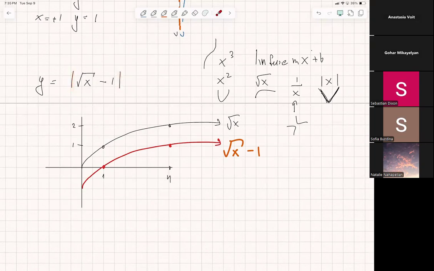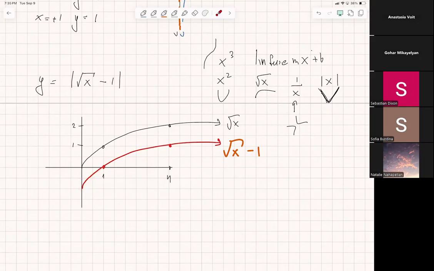What does it mean? Whenever your expression inside is negative, these absolute value bars will make it positive, right? So everything is beautiful right here because our function is greater than 0 on this portion. But when we take some x's from this portion, the absolute value will make all the negative y values positive.